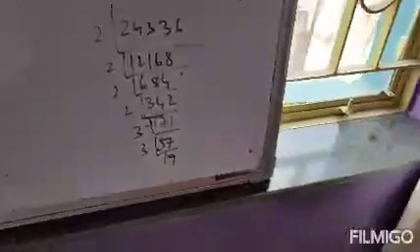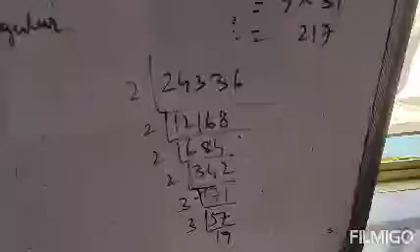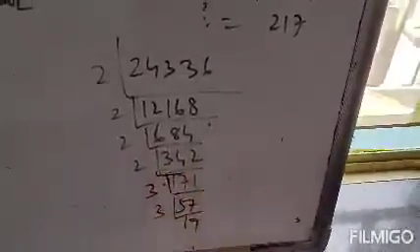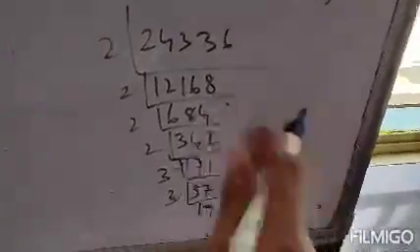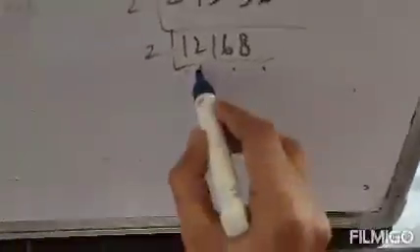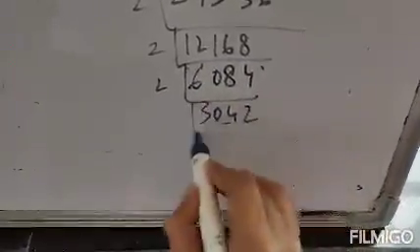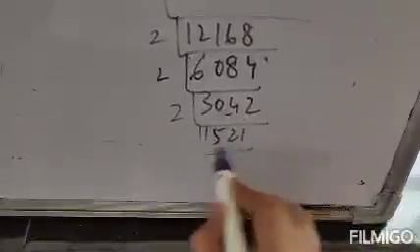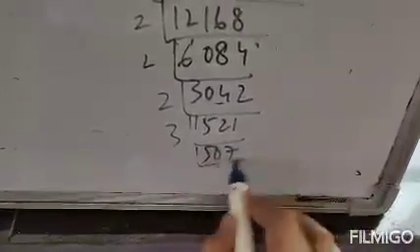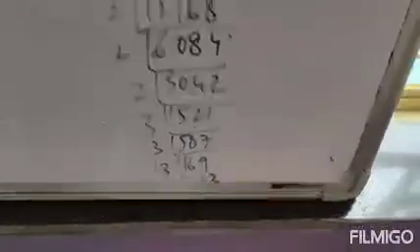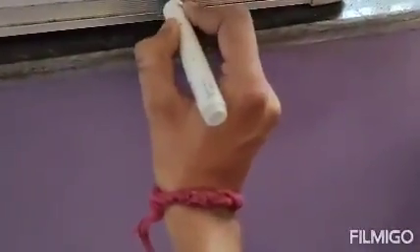Okay, so 24336, do it by 7, 24, 6 2's are 12, 2 8's are 16, 2 4's, 30, 42, 507. This is 13. Clear? This is 169. This will be 13, and 13. This will be 1. Clear?